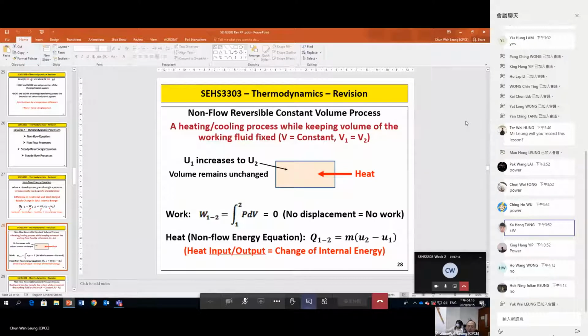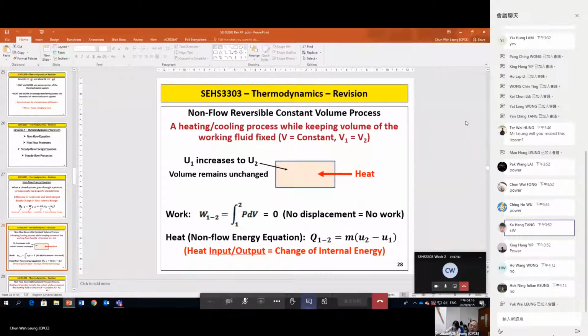So all the walls are rigid. So the can has a fixed volume, and all the walls are rigid. So therefore, if all the walls are rigid, then there will be no change in the volume. There will be no change in the volume.